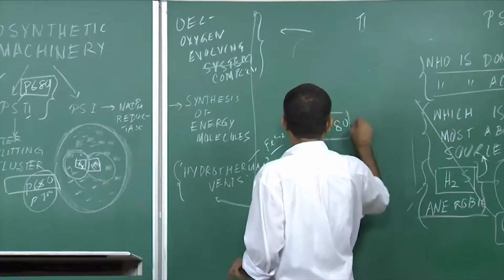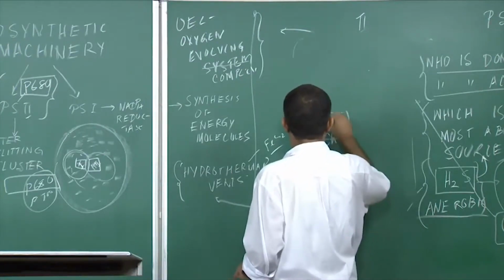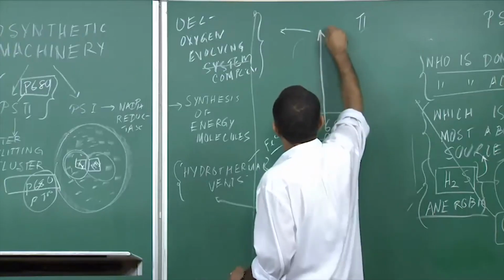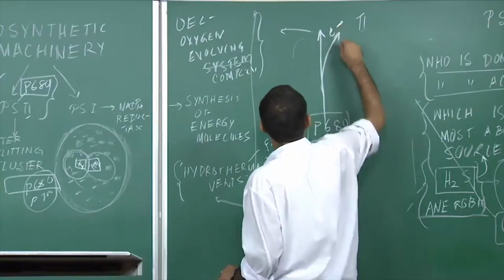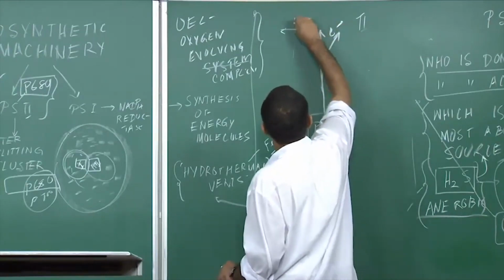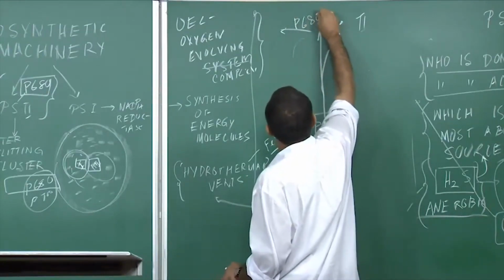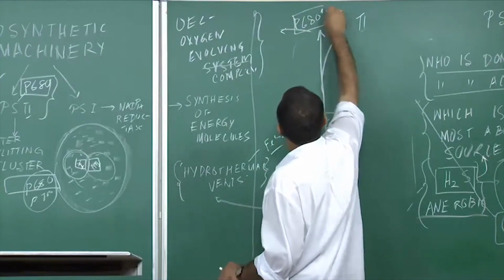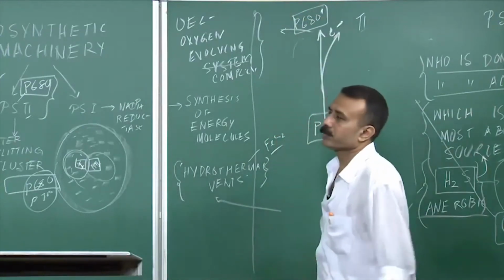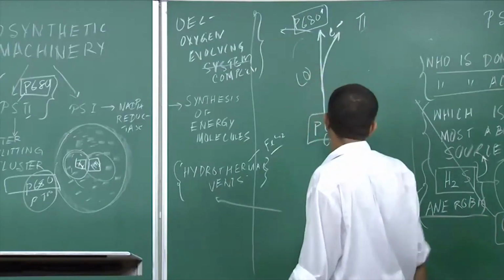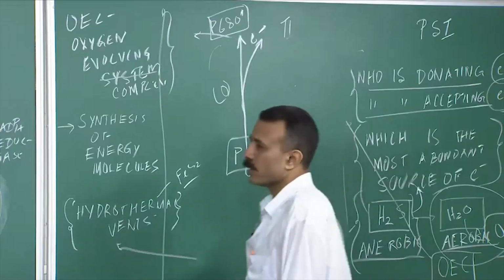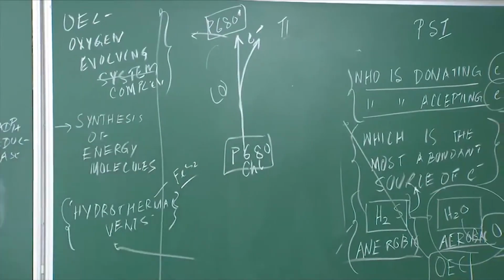P680 is a chlorophyll molecule, a unique chlorophyll molecule at the reaction center. So, this has donated an electron, and now P680 is a free radical which has excess positive charge. So, essentially this is an oxidation reaction which has taken place. So, now P680 is the first donor of electron.